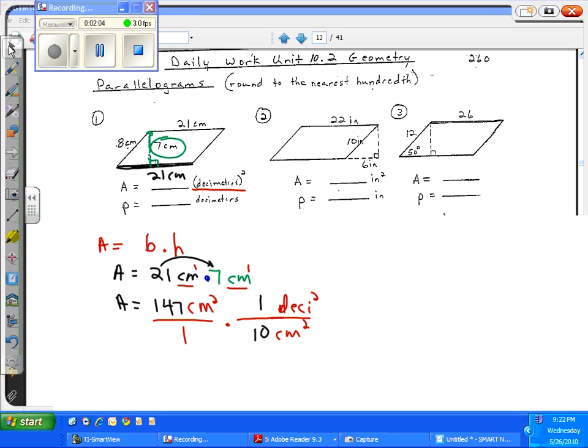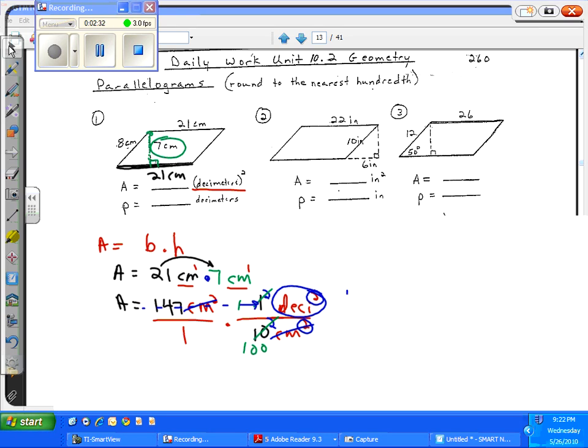But we're not talking about deci and centi. We're talking about square deci and square centi, so we have to square our conversion. So 1 squared is 1 and 10 squared is 100, so there's actually 100 square centi in a square deci. So we're losing the name square centi and we're gaining the name square deci.